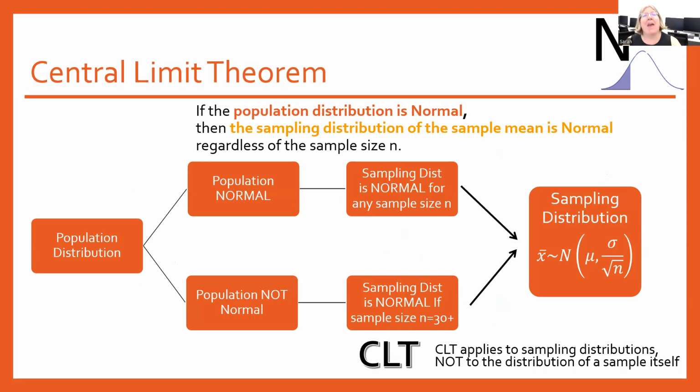And if you do, then you can also use this normally distributed sampling distribution. So central limit theorem applies to sampling distributions, not to the distribution of the sample itself. So when we plot the average for each of those samples, that's where our CLT is going to kick in here. So one of two things, either the original has to be normal or your sample size has to be 30 or greater.